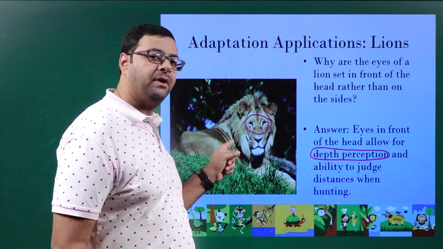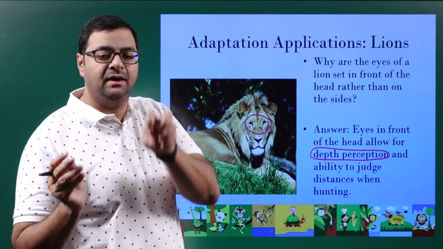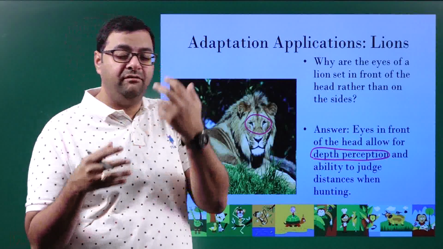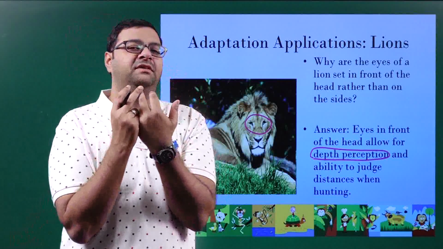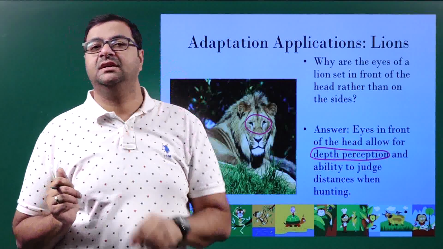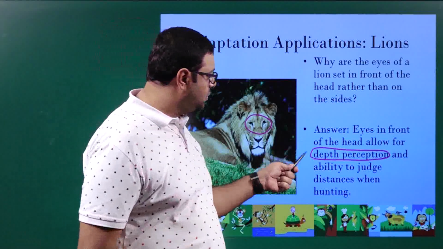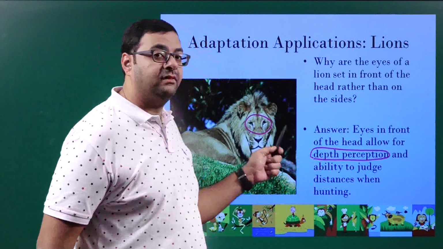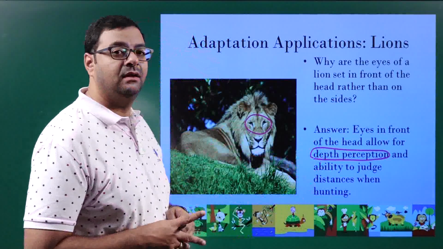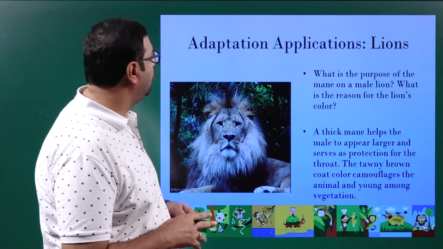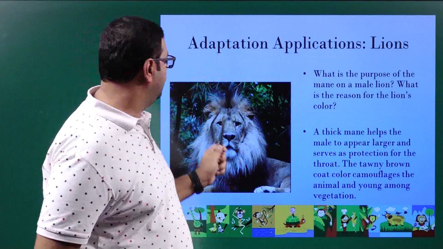This is the top predator, and if it is hunting something, it will judge it because the eyes are in the front. Even we can judge when something is coming in front of us. We can judge at what distance it is coming from. So the lions have the eyes in front of their skull.